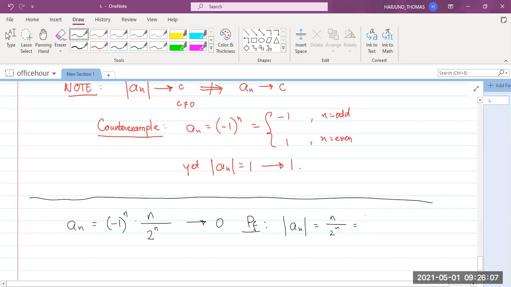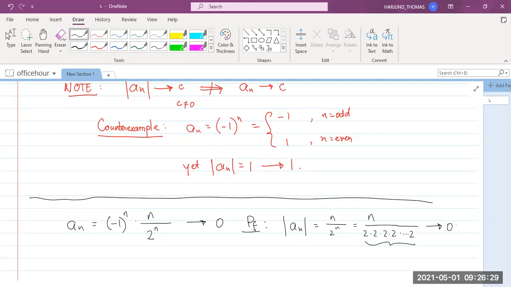And this is n over 2 times 2 times 2 times 2, n times. Basically, eventually you will see that this is actually convergent to 0. One of them is linear, the other one exponential. When you look at the continuous superposition function, you will see that it's convergent to 0.